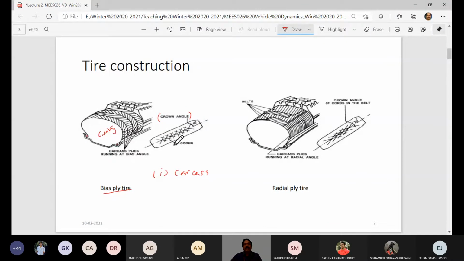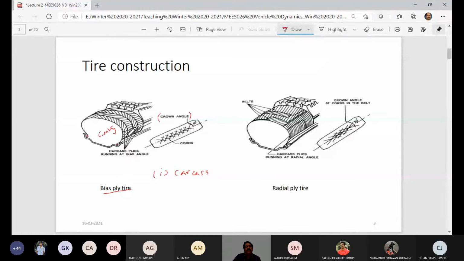So when these cords are under tension, you see that the rim of your tire wheel assembly can be looked at in an analogous way to the rim of your bicycle, right? In a bicycle, what's happening? The hub of the bicycle is being suspended by spokes, and in turn the spokes are connected to the rim. The bottom of the rim is supported on the ground. And which are the elements under tension? All the spokes are under tension.